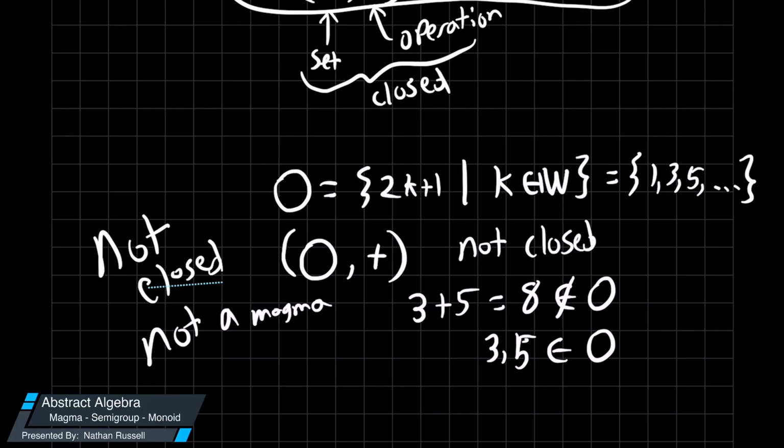Okay, so I believe we defined what closure means, and I think we get the idea what a magma is. Now we want to go to our next abstract structure, and that is a semigroup. For those of you that are computer scientists and enjoy object-oriented languages, we have a magma. And what is a magma?